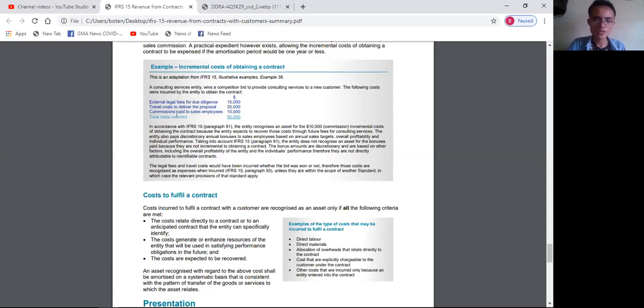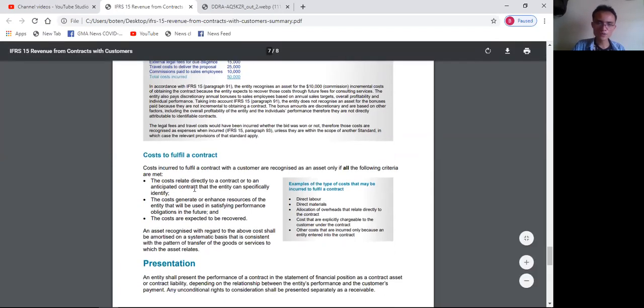External legal fees, travel costs, so we are not yet sure about the outcome of the contract, but when we pay the commissions, clearly that is an item that is to be considered an incremental cost because it is related to the contract. Had we not entered into a contract, then we would not pay such.